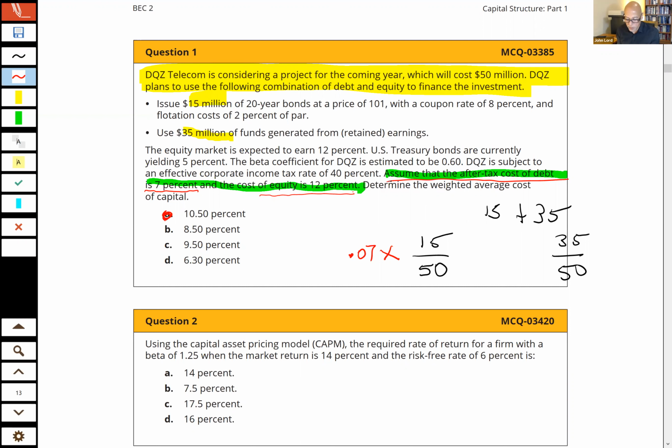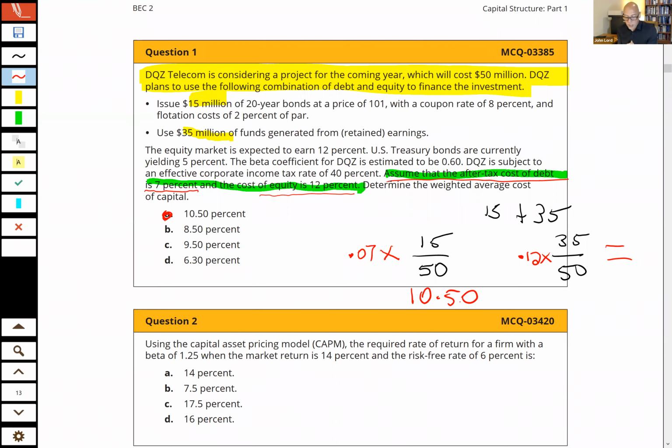That was the thing that I think probably messed some of you up, where you were trying to put all those numbers in, with all that unnecessary information. So you just use the 0.12 that they gave us to apply to the equity portion. And when you do the math on that, you get 10.50.